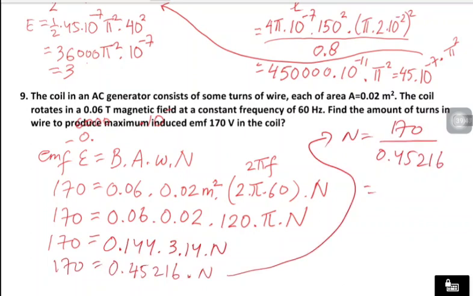We will get the value closer to 376 turns.